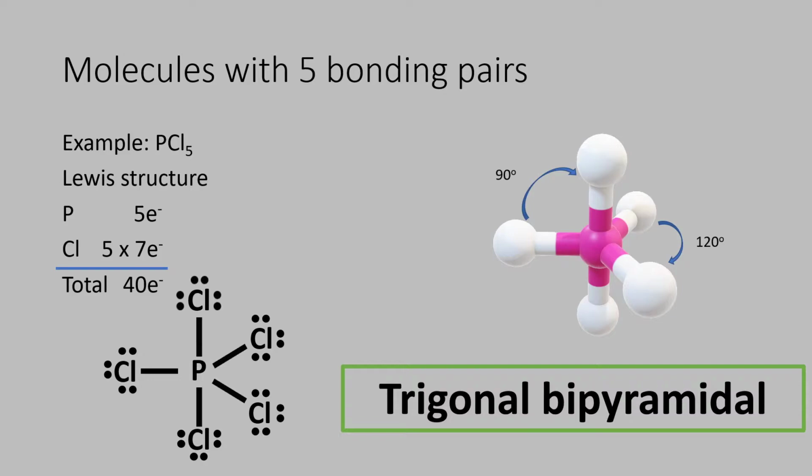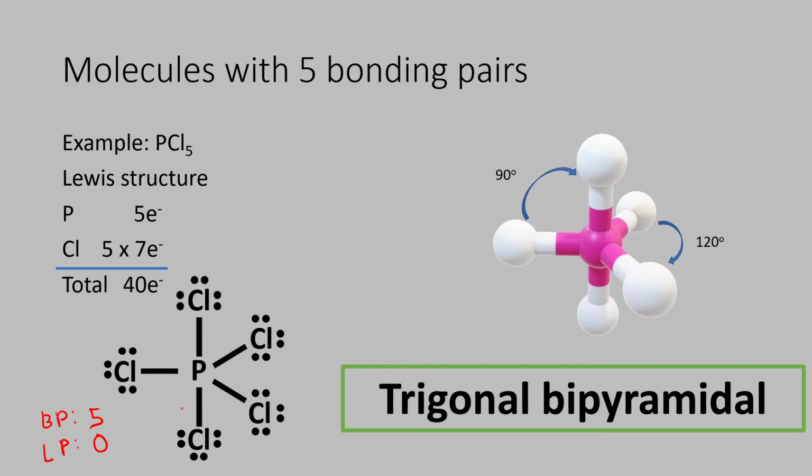Okay, so the first thing is always you buat Lewis structure, and then you count the bonding pairs and the lone pairs. So bonding pairs kalau you kira dia ada berapa bond? 1, 2, 3, 4, 5. So 5. Lone pairs you tak ada kan? Kat phosphorus tak ada kan?